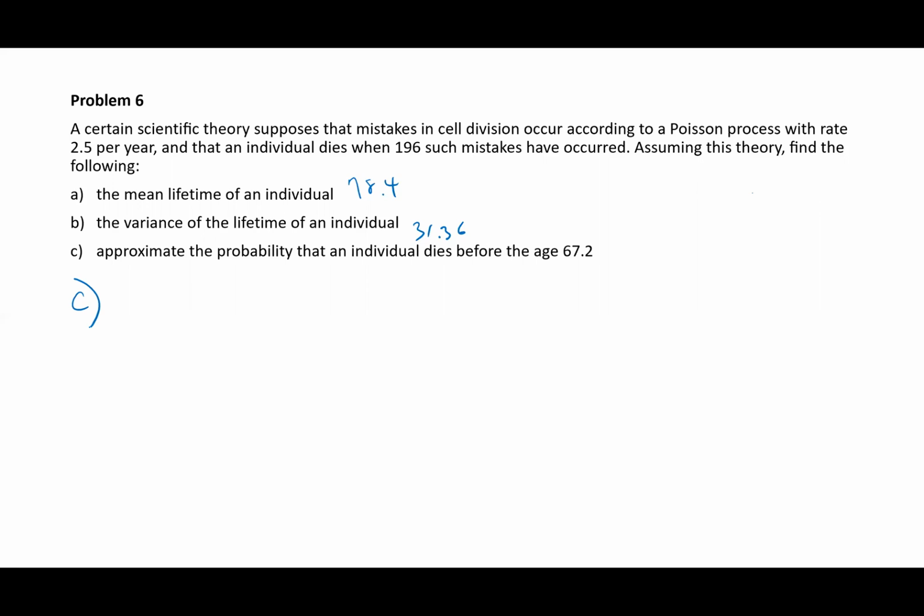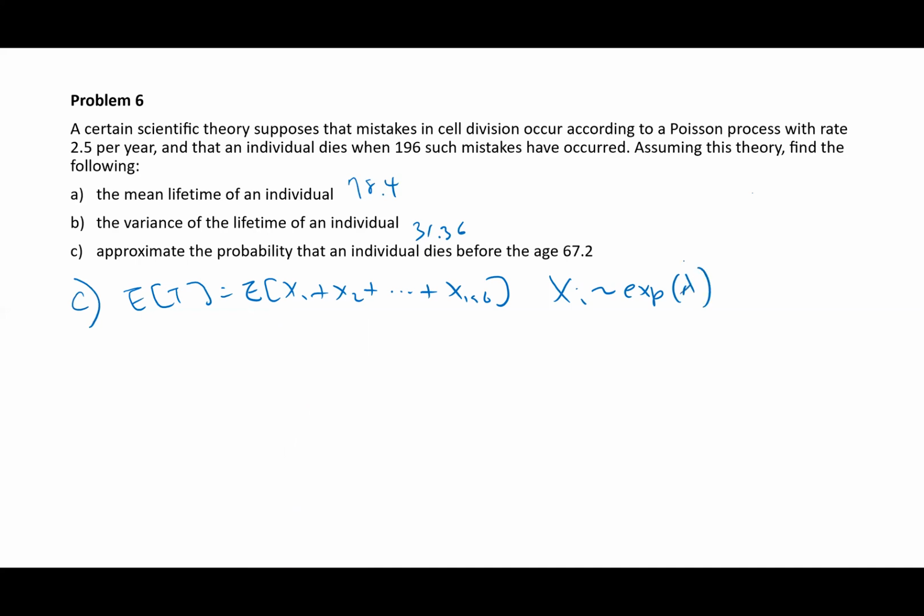Okay, so if you were to look at the variable x1, x2, and x3, so remember we were trying to find the expected value of t, which was the expected value of x1 plus x2 and on, all the way to x196. Each one of these xi's is exponentially distributed with parameter lambda.